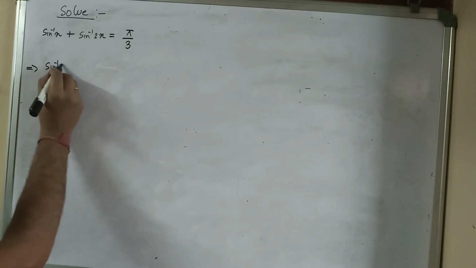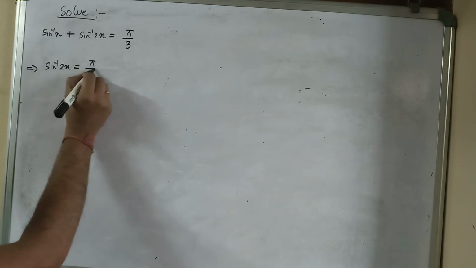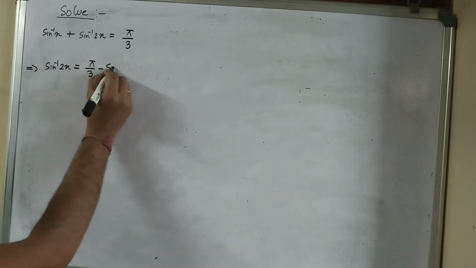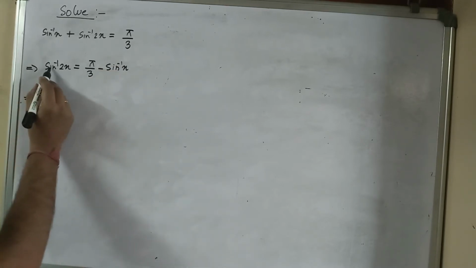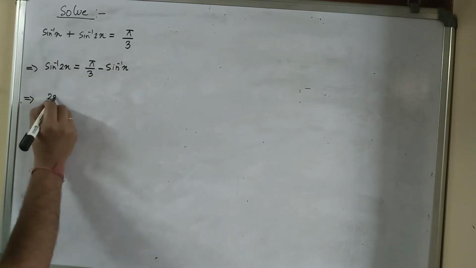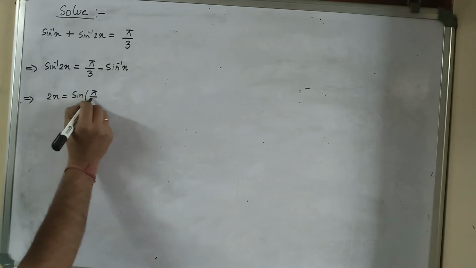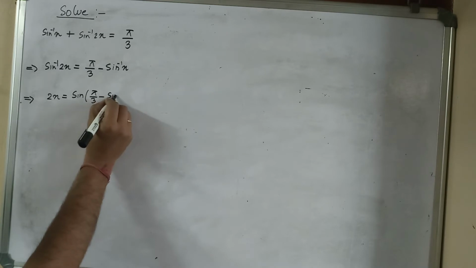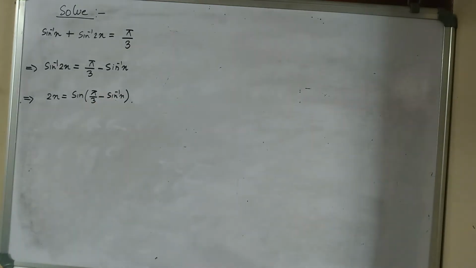So I'll keep the sine inverse 2x on the left hand side, then I'll bring sine inverse x from the left hand side to the right hand side. Sine inverse 2x is equals to pi by 3 minus sine inverse x. Now it is in terms of a formula.